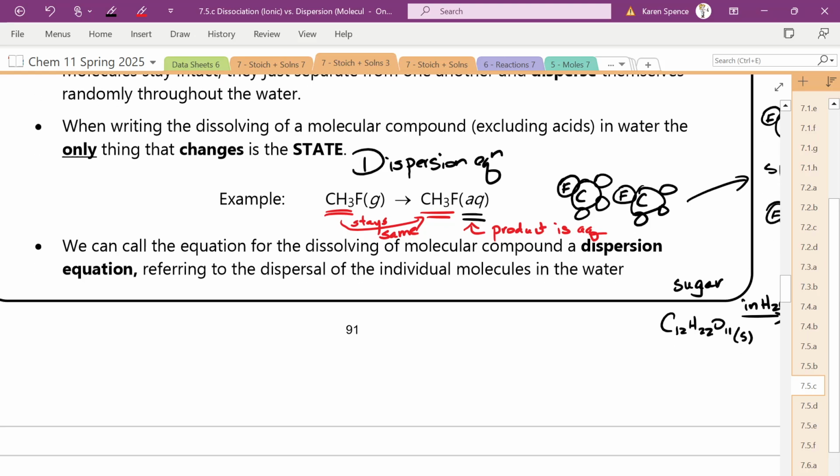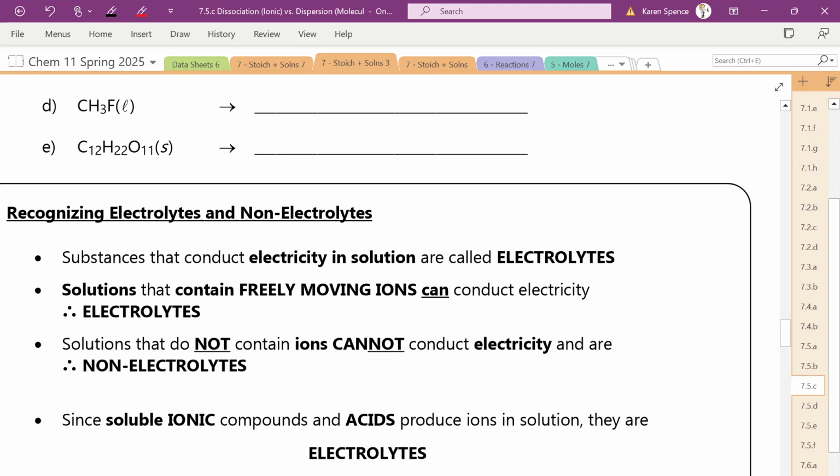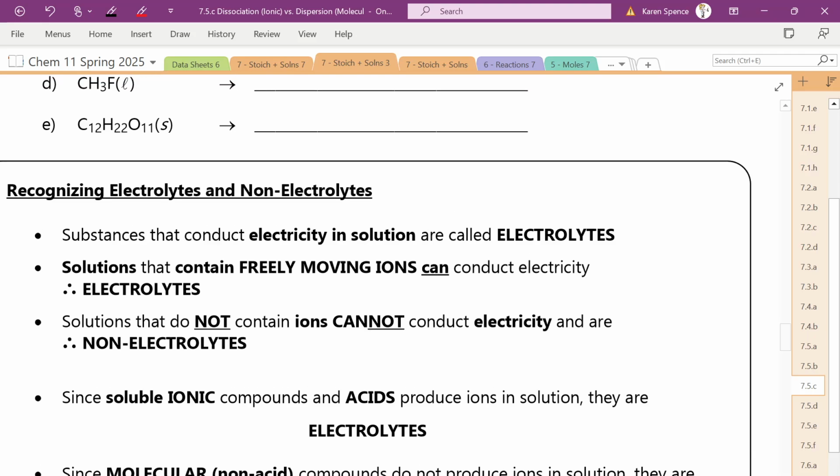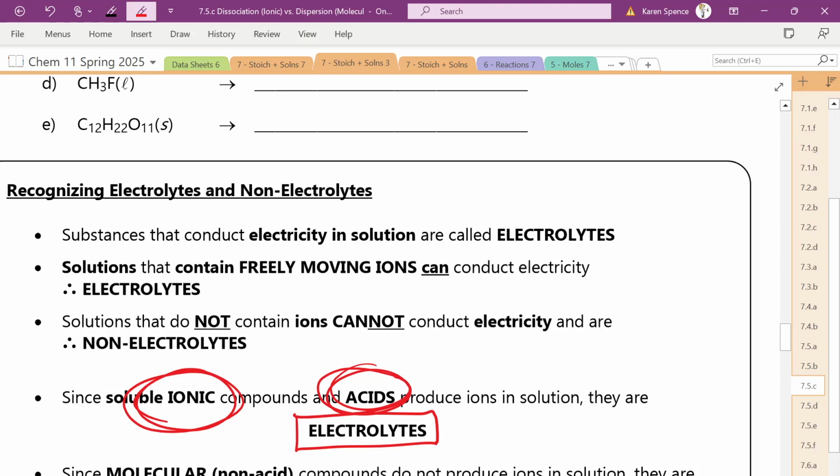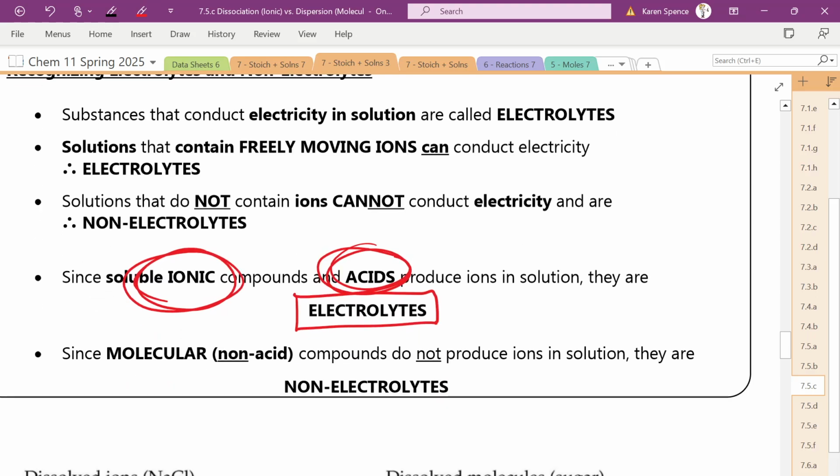All right. And I think that's it. Recognizing electrolytes and non-electrolytes. Basically, if it is ionic or if it is an acid, it is an electrolyte. If it is molecular, but it's not an acid, that is a non-electrolyte.